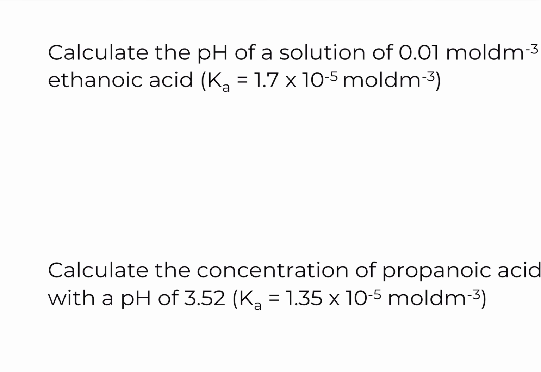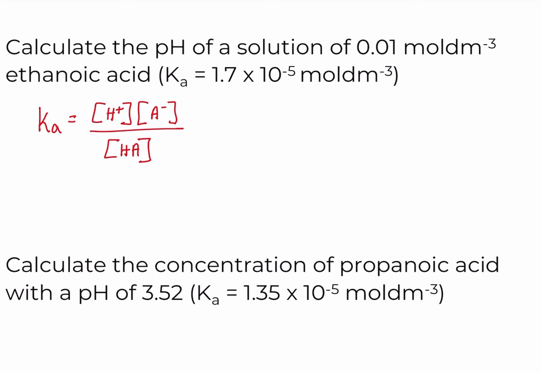So we're going to write down Ka equals H plus A minus all over HA. Okay, and normally some mark schemes will give you a mark for that, so make sure you just write it down in any case.